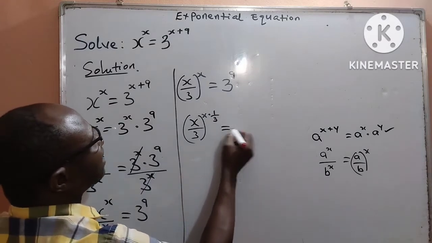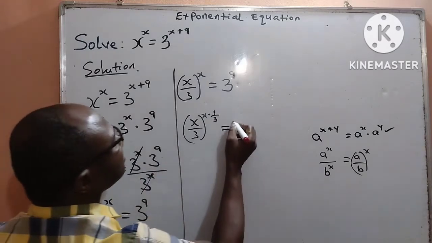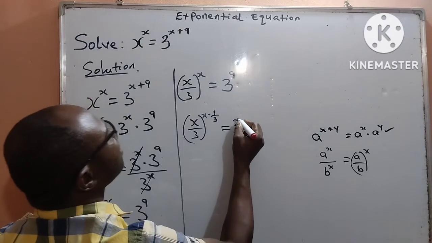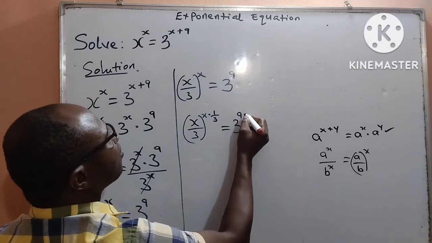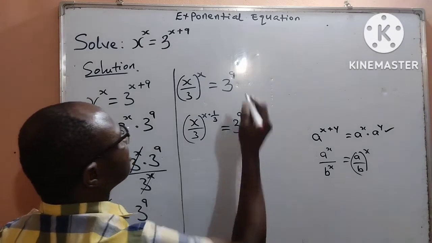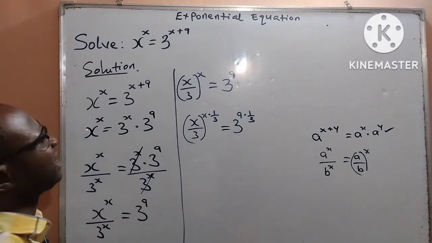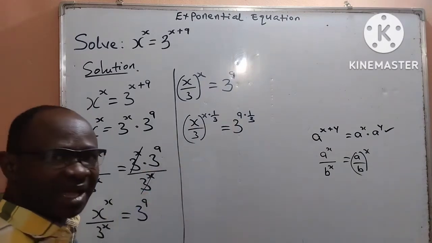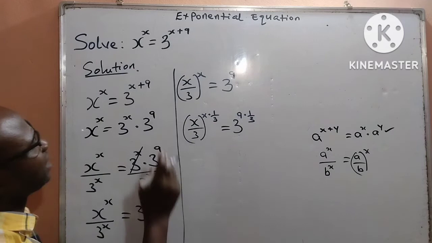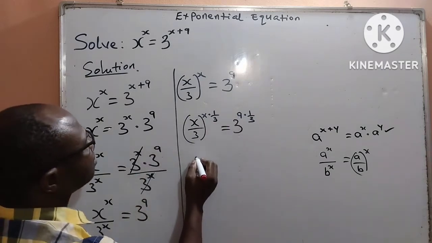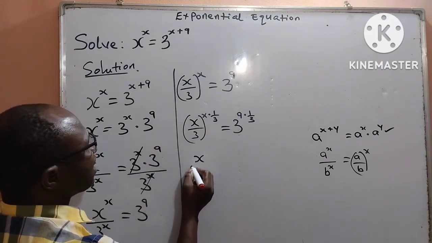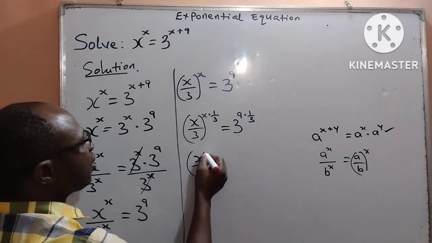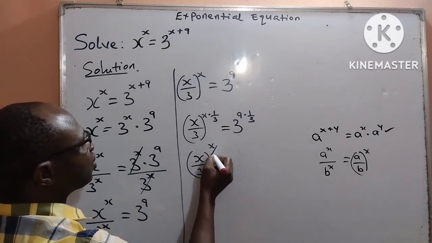So I have done that on the left hand side, and on the right hand side I will also write 3 to the power of 9 multiplied by 1 over 3. Very good. The equation is balanced, doing it on both sides of the equation. And that implies that if this is done, what I will now have is x over 3 all to the power of x over 3.